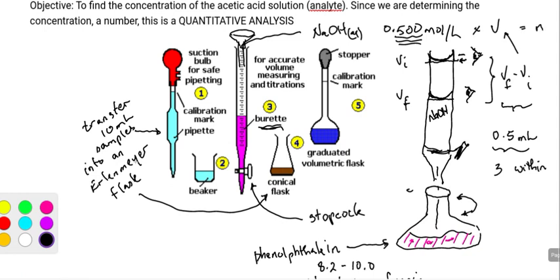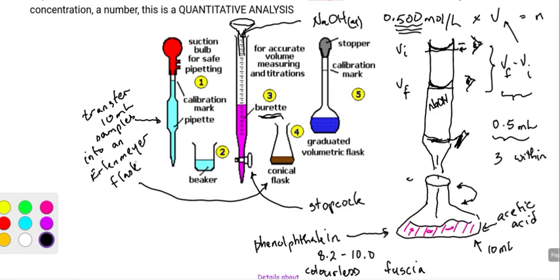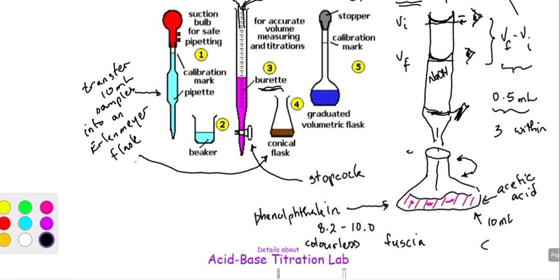Once we've got a balanced equation, we can use that to figure out the number of moles of acetic acid that was in here. And don't forget, we know the volume because we used that pipette to pipette 10 mL of acetic acid. So if we know the number of moles of acetic acid and the volume of acetic acid, we can calculate the concentration of that acetic acid.